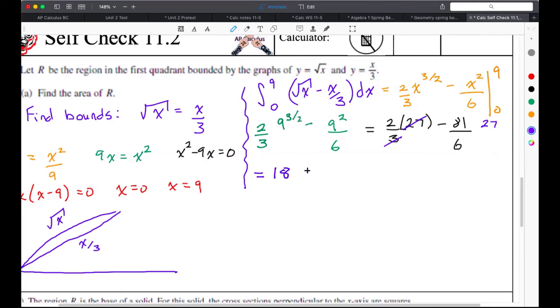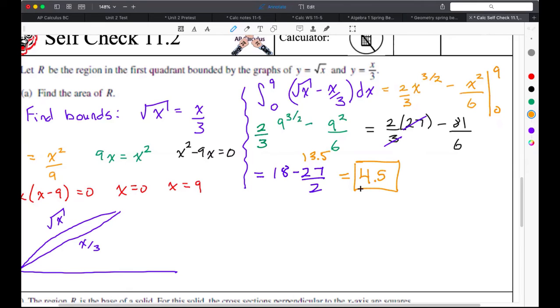So this is going to be 18 minus 27 over 2. And 27 over 2, the decimal approximation of it is 13.5. What's 18 minus 13.5? 4.5.